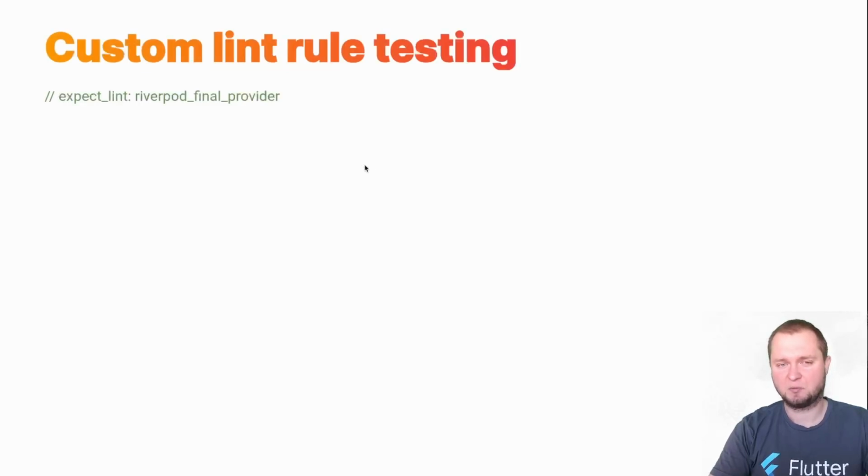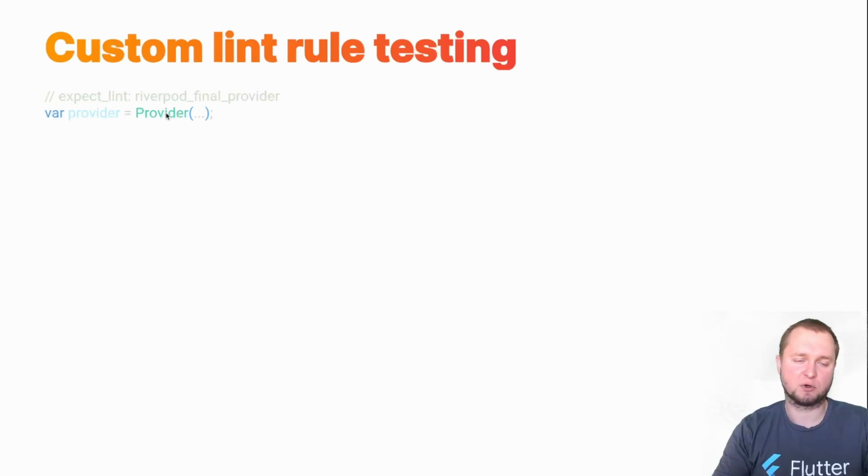But the next topic in this talk is lint rule testing. How to test those rules? Well, in case of Dart rules, it is simple. You can just use the expect lint command followed by the name of rule, which issue should be present here in this line. And if this violation is found in this file, it will be ignored.